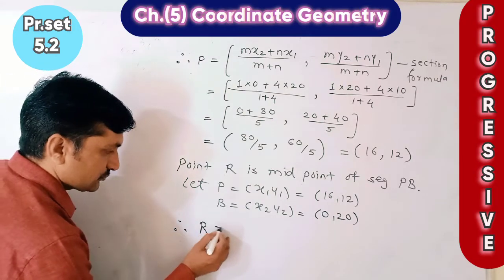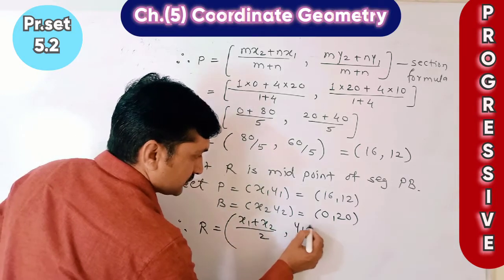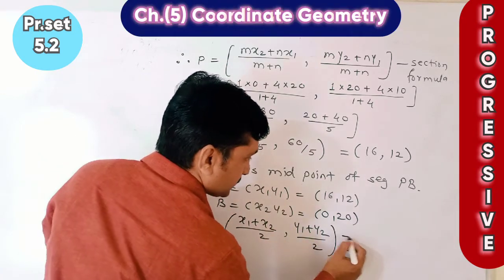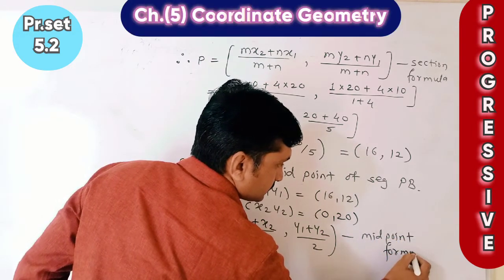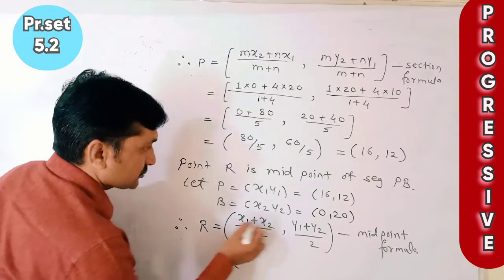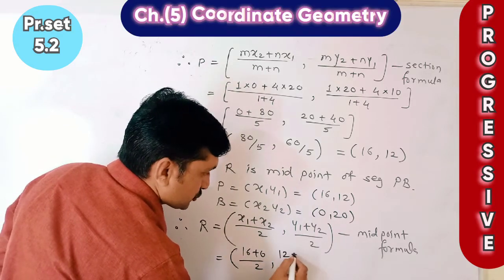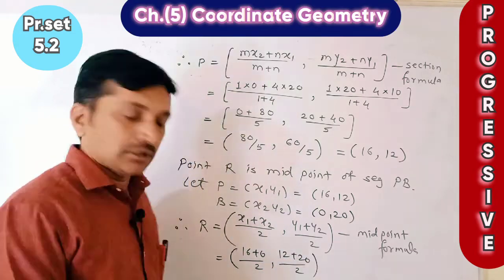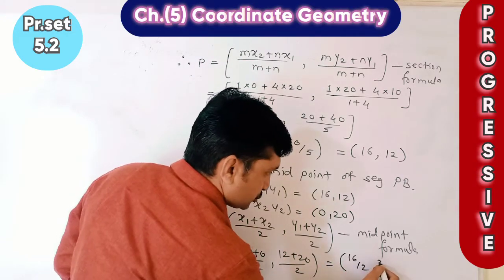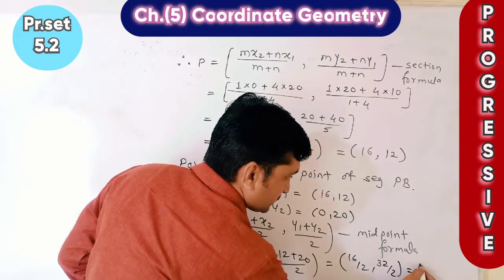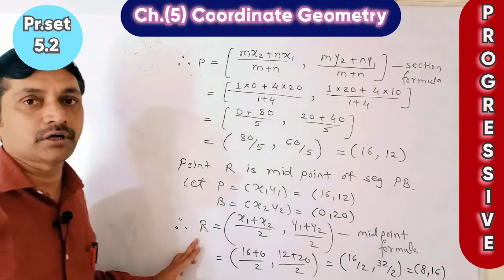Therefore R is equal to, in bracket, (x1 + x2) upon 2, (y1 + y2) upon 2. Here the midpoint formula: (16 + 0) upon 2, (12 + 20) upon 2, equal to 16 upon 2 and 32 upon 2. By reduction we get (8, 16). (8, 16) are the coordinates of point R.